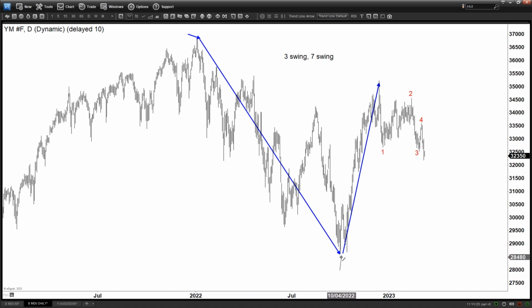Now if this is the end of that correction, and this is the start of a new bullish leg on the upside, then that means, because we have 5 swing, we should be doing a bigger ABC.